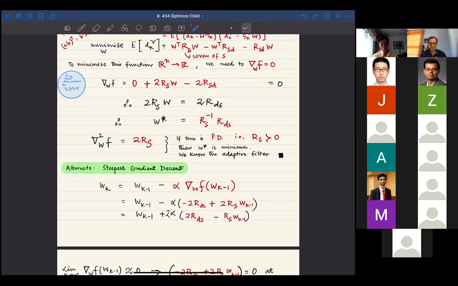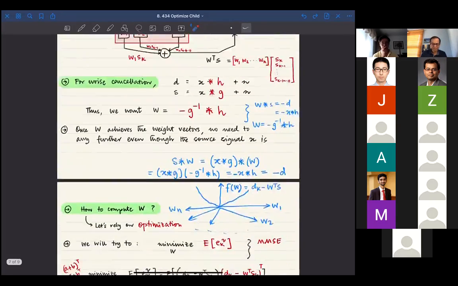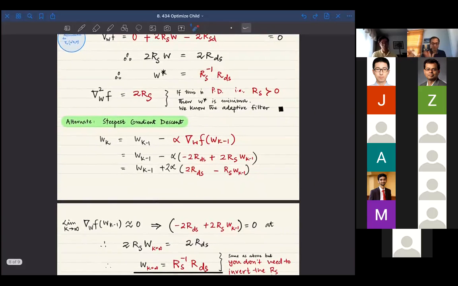And if you know W star, you exactly know what to put at these weights, because W is a vector. So W star is the optimal vector. And then you have your adaptive filter ready. The problem is you do not know these covariances. Right? Okay, we will look at that.